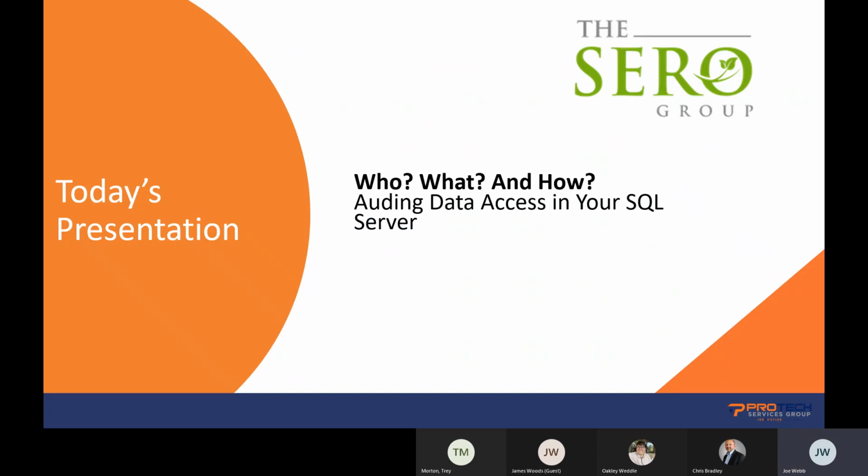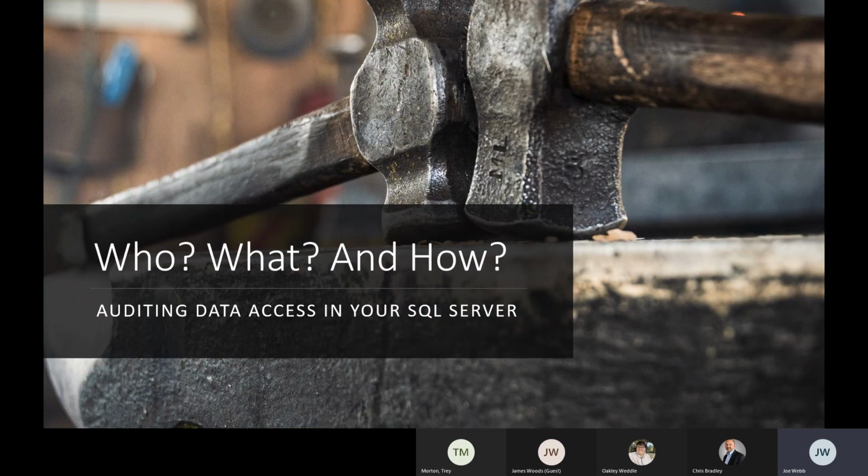So today what we're going to talk about is who, what, and how auditing, although I just noticed there's a typo in auditing data access in your Microsoft SQL Server. As we begin to talk about this today, there are a lot of organizations that are becoming more and more reliant on Microsoft SQL Server to manage their information.